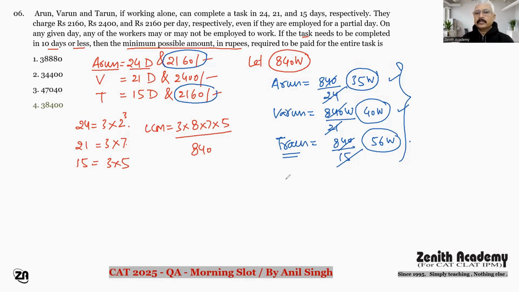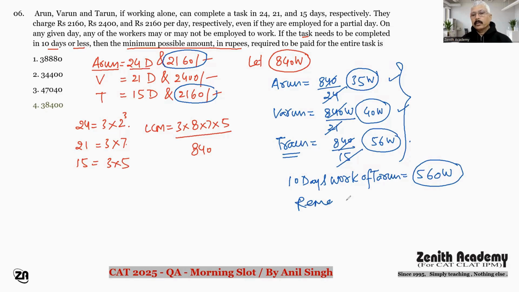So 10 days work of Tarun will be equal to 10 into 56, means 560 work. And now the remaining work is 840 minus 560, means this is 280 work.